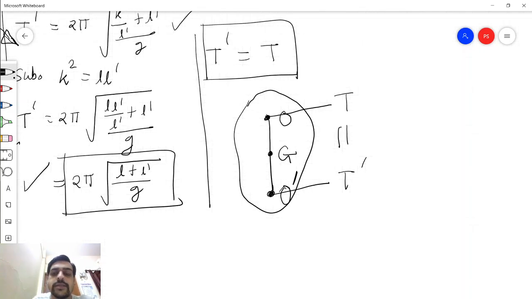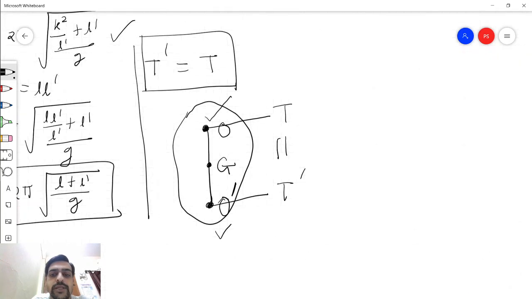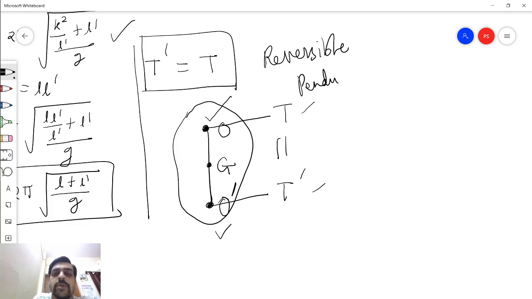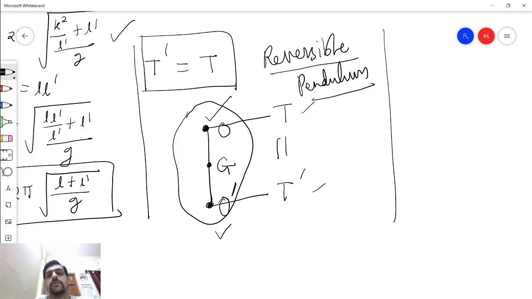So it doesn't matter whether we oscillate the pendulum about point O or point O dash, because it offers the same time period of oscillation, and that is the reason why this pendulum is called a reversible pendulum. Thank you.